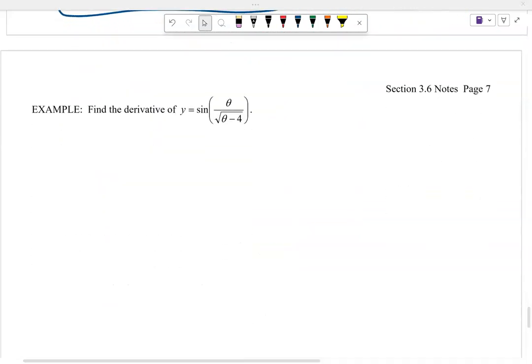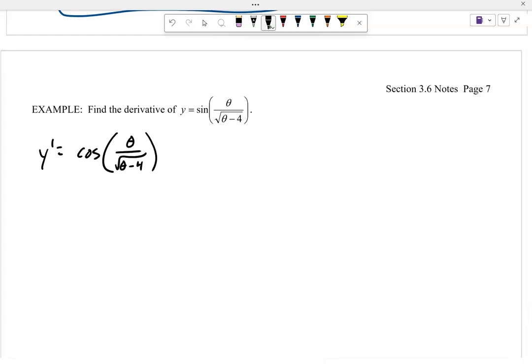All right, last one here. We're going to go ahead and take derivative. Derivative of the sine is just the cosine of that stuff. And now we're going to have to use the quotient rule. So we got derivative of the top times the bottom minus top times derivative of the bottom. Now remember that theta minus 4 is to the 1/2.